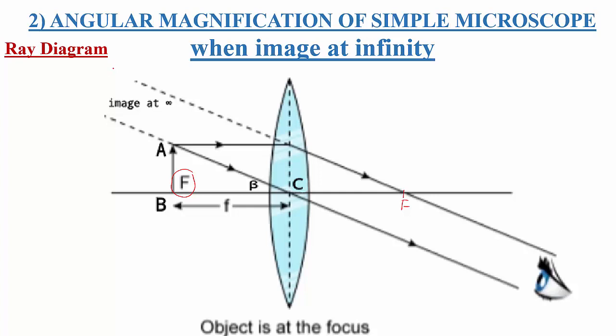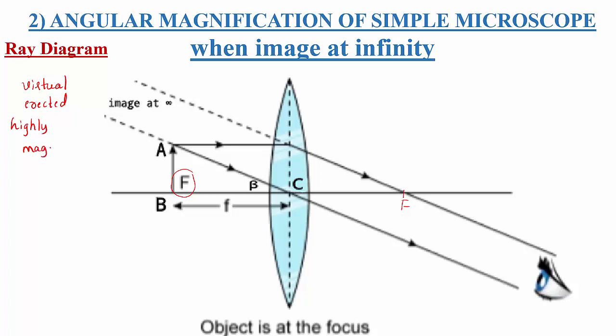Remember, whatever image is formed at infinity, that image is virtual, because this is apparent. Here it is just the assumption of the person. There is no converging of light here. So that's why whatever image is formed at infinity, it is virtual, erect and highly magnified.